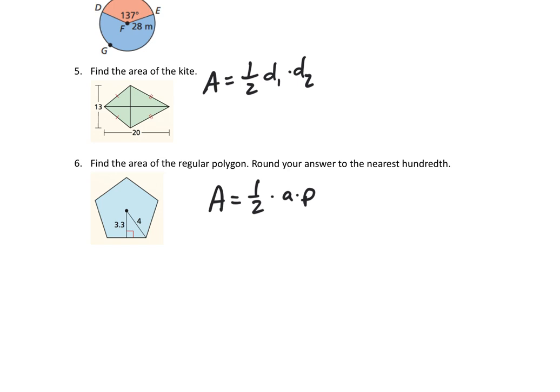So for instance on number 6, what piece is given to me that I can use immediately? What do we call 3.3?